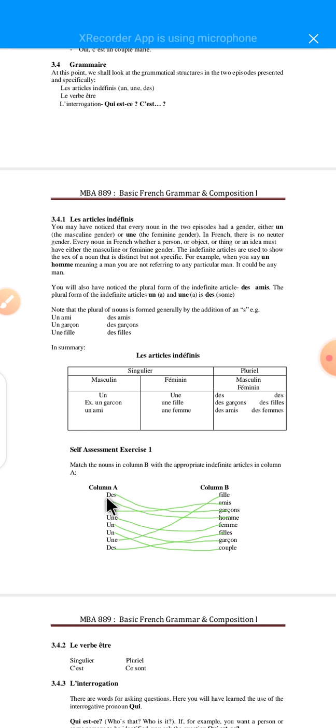So what this means is des garçons, some boys, un homme, a man, des amis, some friends, une femme, a woman, un garçon, a boy, une fille, a girl, and des filles, that's some girls.